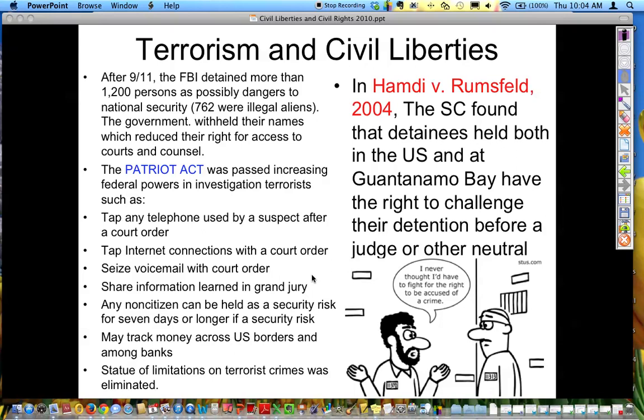What this is saying is before, they could be held indefinitely, and they didn't know what they were being charged with, nor did they know if they would ever have a court trial. And the Supreme Court said regardless if you're a citizen of the United States or not, you have the right to be heard before a judge.